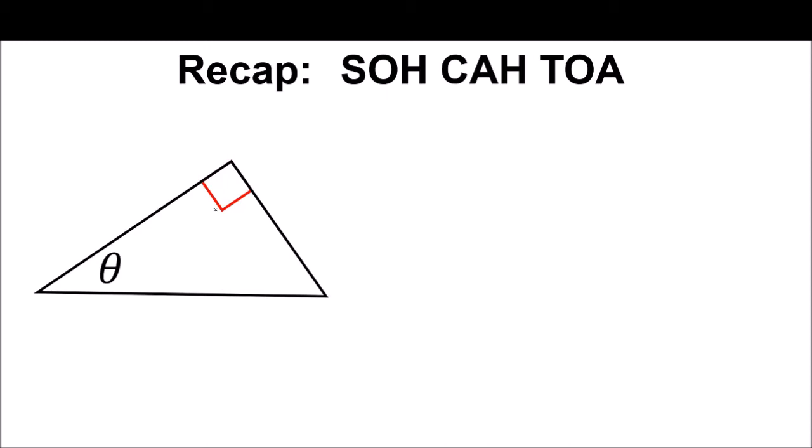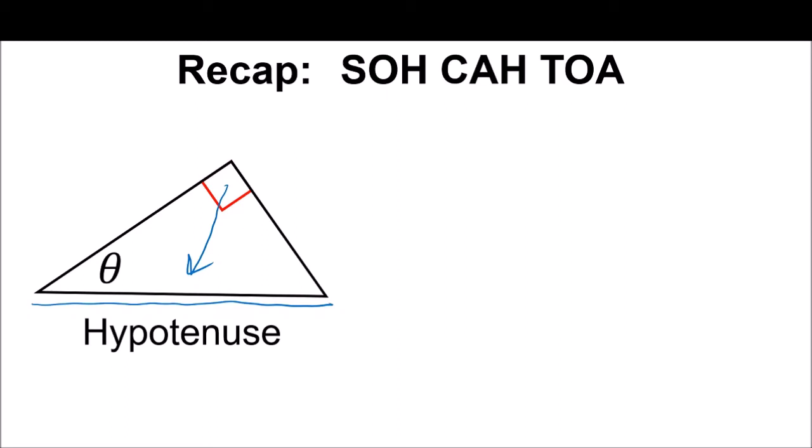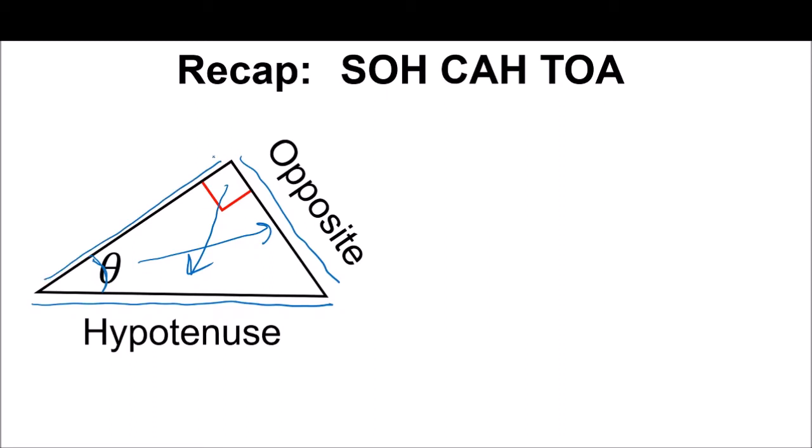So for example, the side length opposite the 90 degrees, this side right here, we call that the hypotenuse. And then the side across from theta, the angle we're working with, we call the opposite side. And then the shorter side that's touching this angle, this side, that one's called the adjacent side. So opposite, adjacent, and hypotenuse.